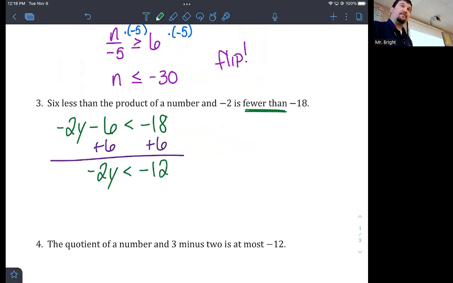Amara, how do I get rid of the -2 now? What's the -2 doing to the y? And it's written right next to it like that. What's that indicate? What's that show? The -2 is being what to the y?